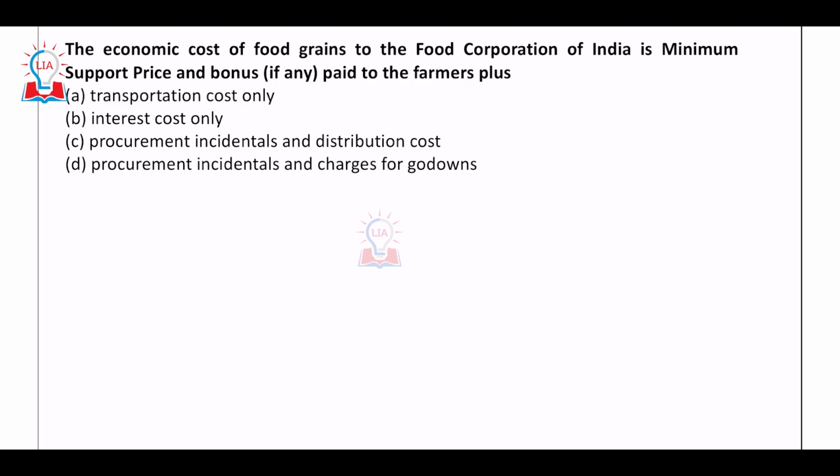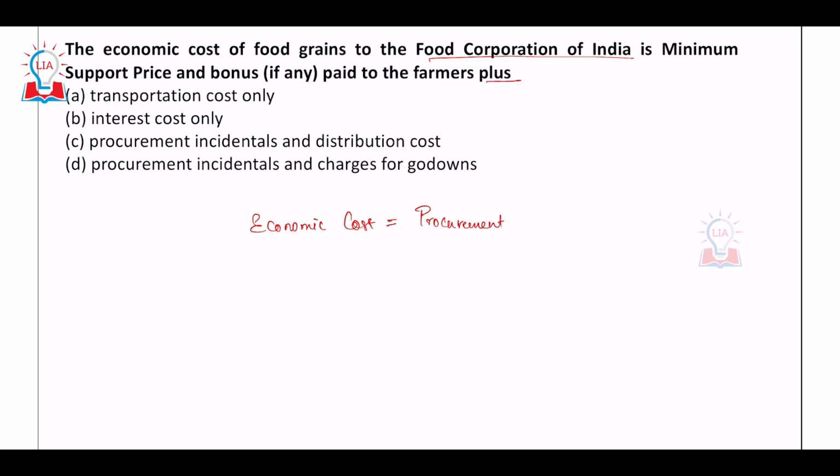Next, the economic cost of food grains. The economic cost of food grains to the Food Corporation of India is the minimum support price and bonus, if any, paid to the farmers plus something else. So first of all, let's see what is the economic cost. Economic cost of food grains to the Food Corporation of India would include three main components.